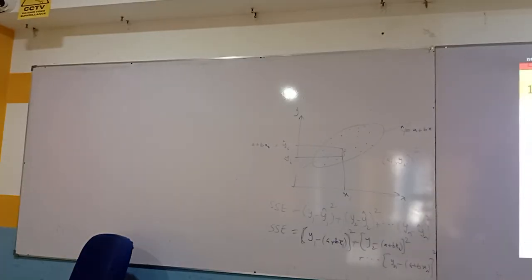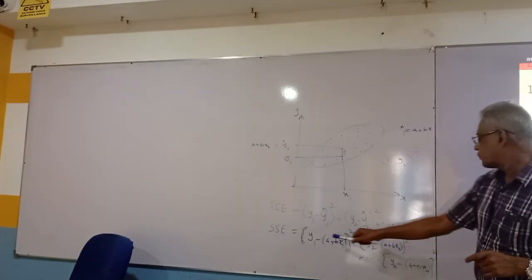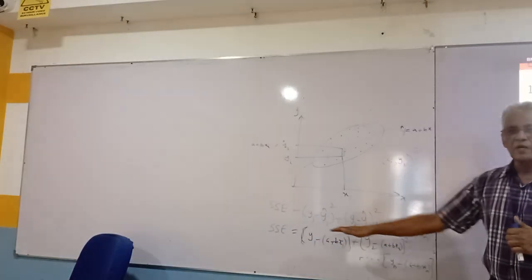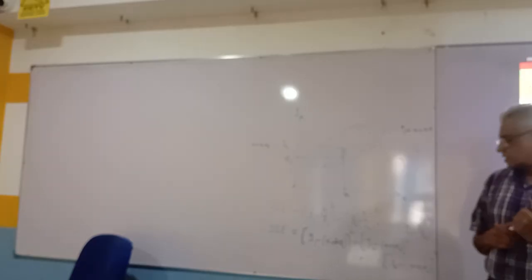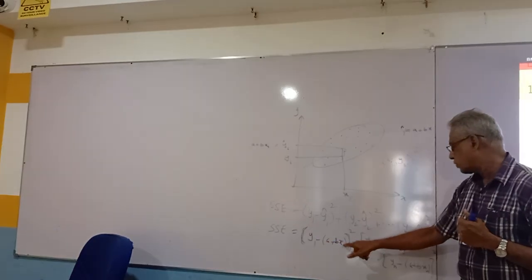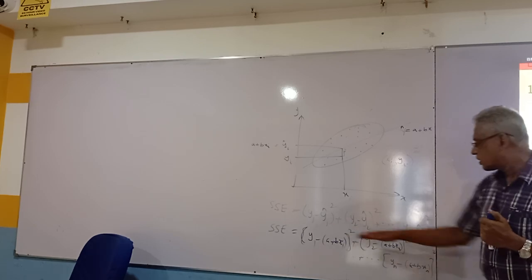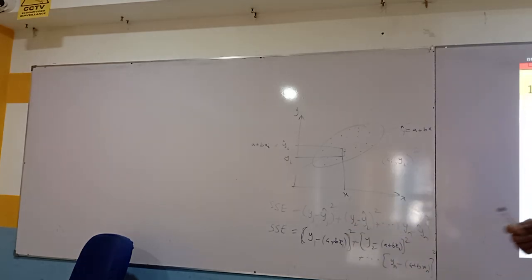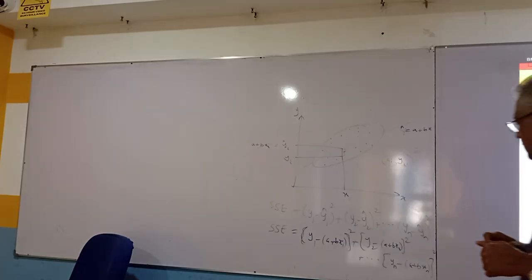Now we can find the suitable values for a and b so that this quantity will be minimum. We have the observations, so we know y1 and x1. The only things in this expression which are unknown are a and b. So it's a mathematical function with two unknown quantities.